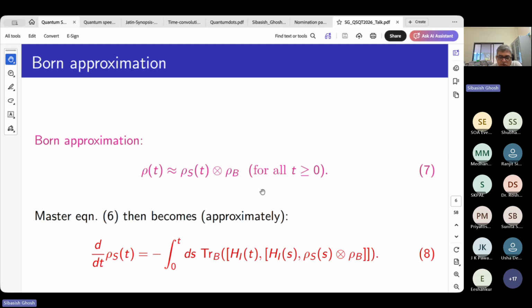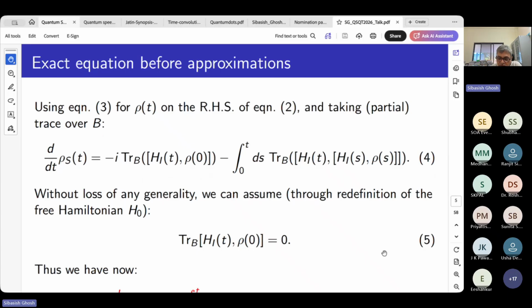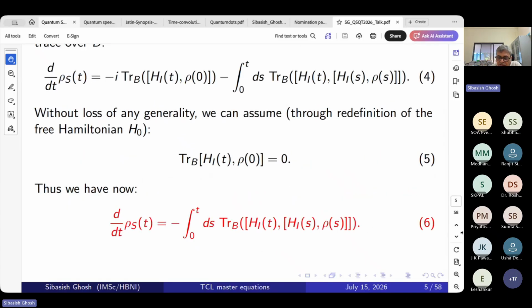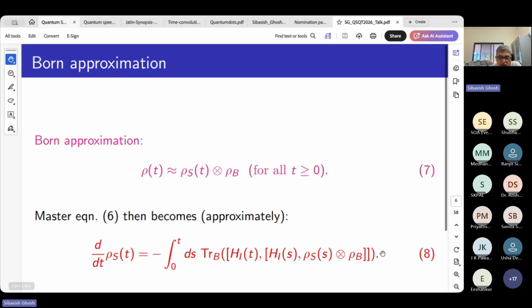Once you use this Born approximation in the previous equation, equation 6, you replace the time evolved state of the system plus bath at time s with rho s at s tensor product rho b. So this is the dynamical equation of the system density matrix after the Born approximation.